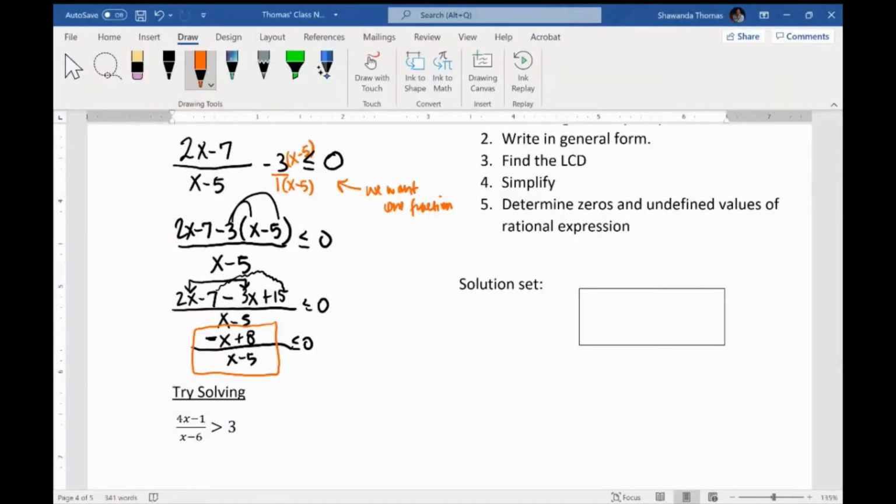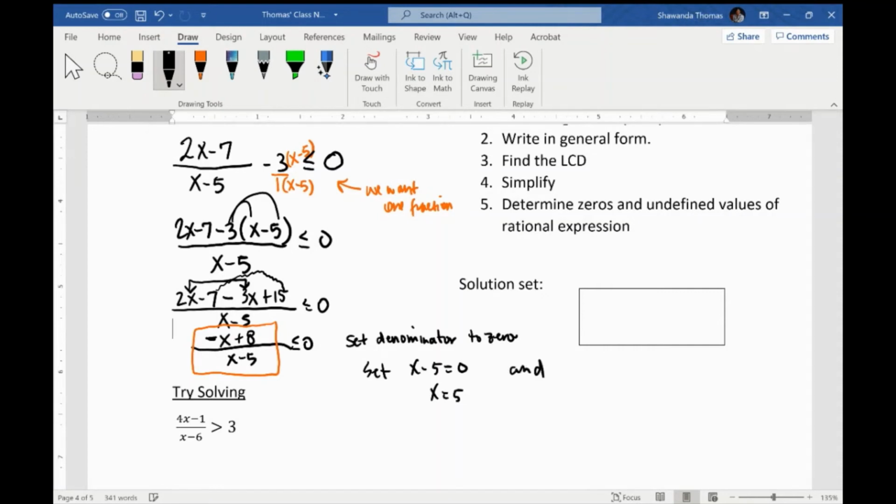When you got a 0 in the denominator, not the numerator. So that's why we're going to set the denominator to 0 to figure out the undefined value. We set x minus 5 to 0, and we get x equals 5.